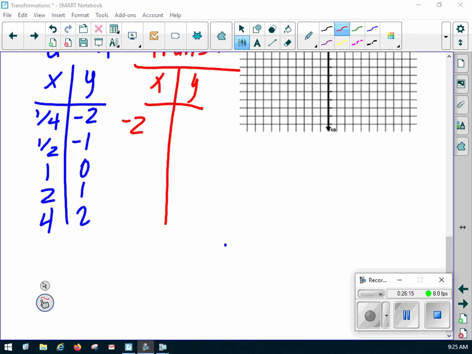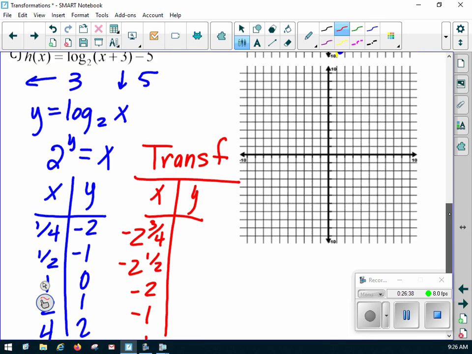1/4 minus 3 is negative 2 3/4. 1/2 minus 3 is negative 2 1/2. 1 minus 3. 2 minus 3. And 4 minus 3. Subtract 5 from what? The y.